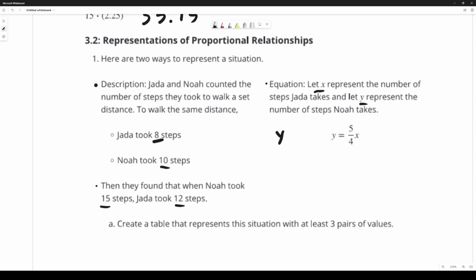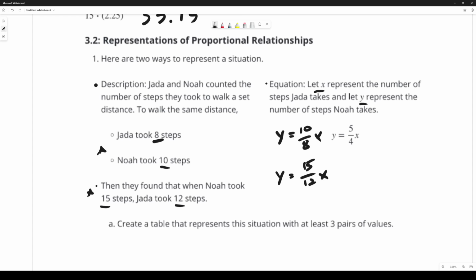So if y is going to be the number of steps Noah takes, well, I could use these two values first, y equals 10 over 8x, or I could also use these two values, y equals 15 over 12x. All of these, you'll see, will reduce to 5/4. 10 over 8 is 5/4. 15 over 12 is also 5/4.